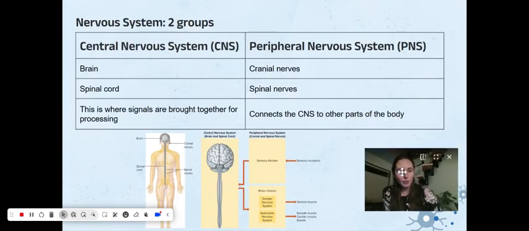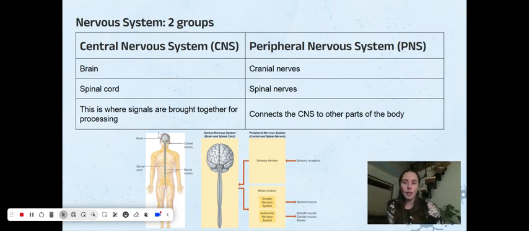As we talk about the nervous system, we will also hear a lot about two different types of the nervous system, or like two groups of our nervous system. We are going to separate that into the central nervous system, which, if you think about the word central, means like right in the middle.